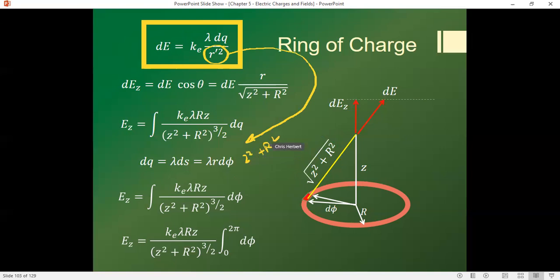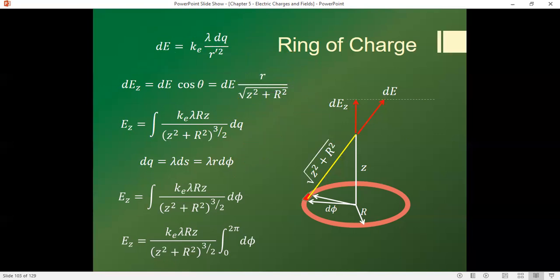And I'm going to just take the z component of the electric field, which means I'm also going to have a cosine theta. And just like we saw before, cosine theta is the adjacent. In this case, it should be big R divided by the hypotenuse.